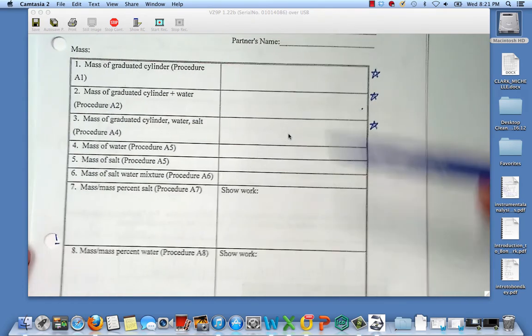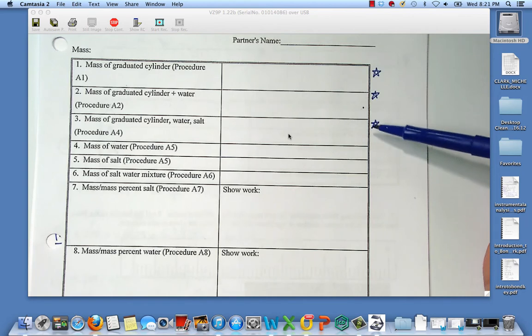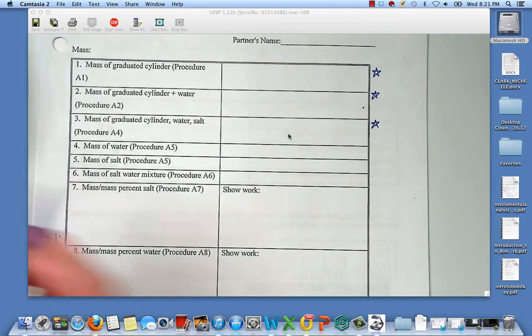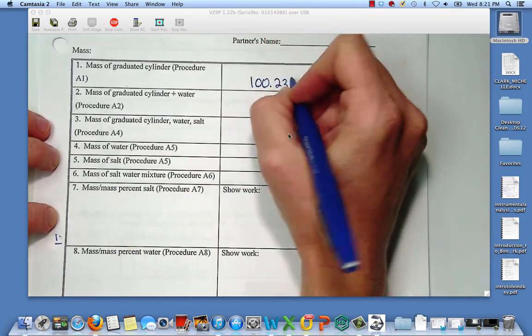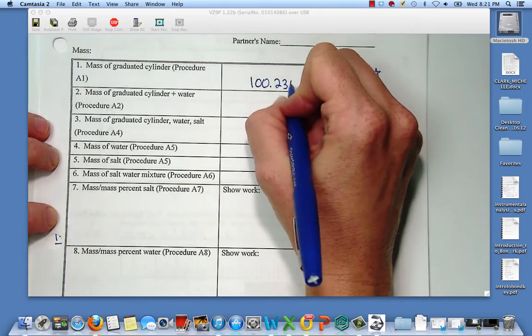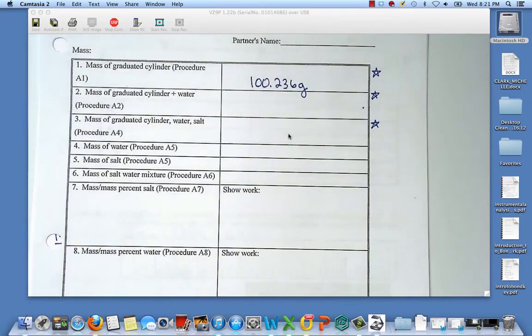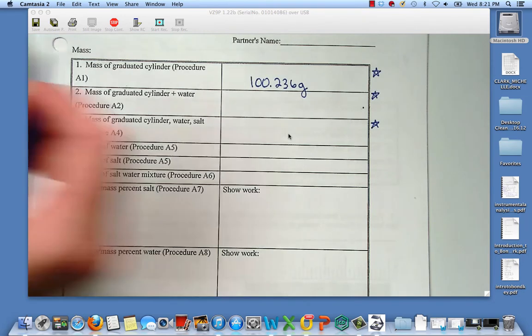So the ones that are starred, those are the ones that you recorded. So 100.2. I'm just going to write down Jen's data. 3.